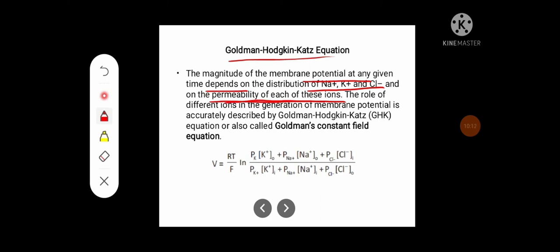The role of different ions in generation of the membrane potential is accurately described by the Goldman-Hodgkin equation, so it is called Goldman's constant field. It is nothing but the summation of the Nernst potential of the potassium, sodium, and chloride.